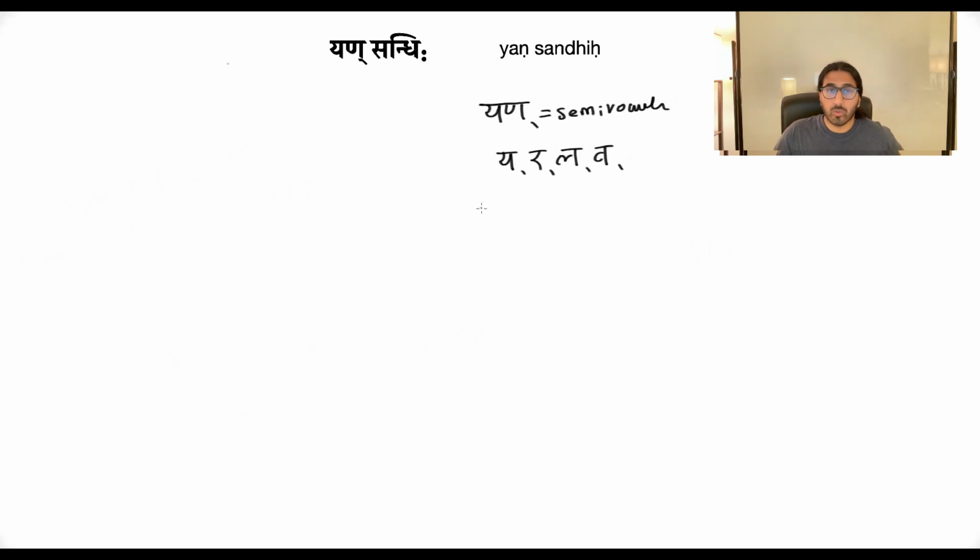And so whenever one is saying yan sandhi, it is saying the sandhi that involves semivowels. Okay? Now, again, we went through the semivowels when we studied these consonants, and we're like, why are they called semivowels? They're part of the consonants. It's here in this Sandhi rule in particular that we'll learn why ya, ra, la, va are considered as semivowels, although they're mentioned in the consonant list, the Vyanjana list, right?